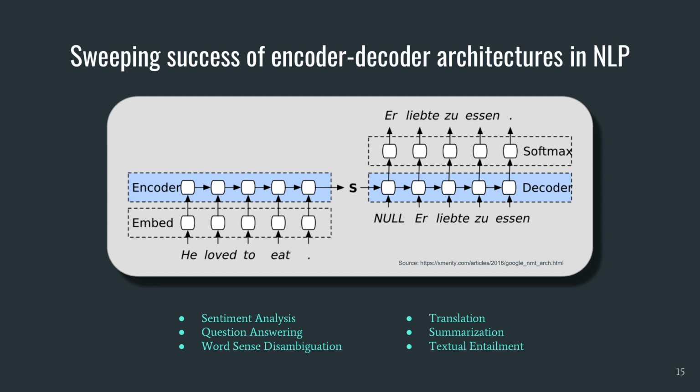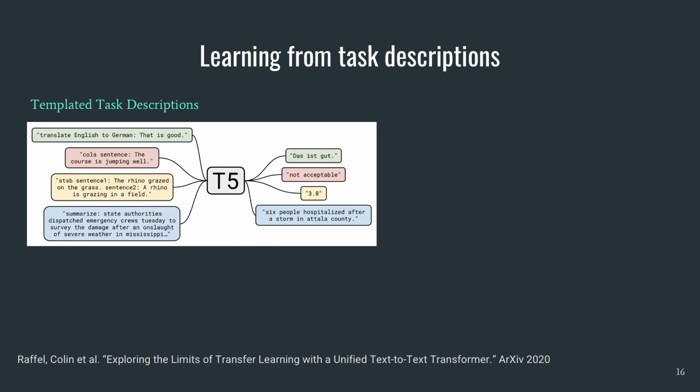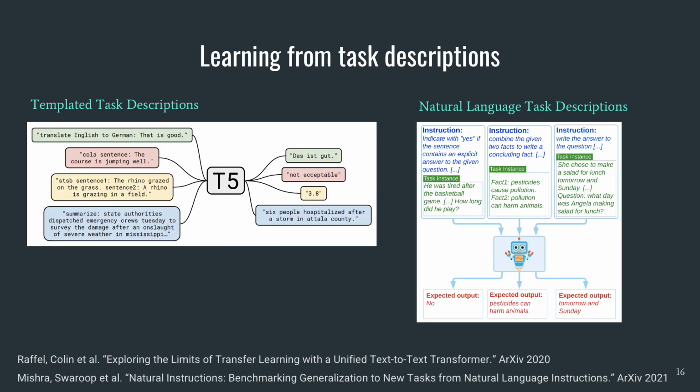In the digital world of AI, this has also been shown to be possible in the domain of NLP, where fairly general-purpose encoder-decoder architectures have been successfully applied to a wide range of tasks. There is also a growing body of literature in NLP on learning from task descriptions, which further blurs the task boundaries. These task descriptions range from templated to complete natural language descriptions.